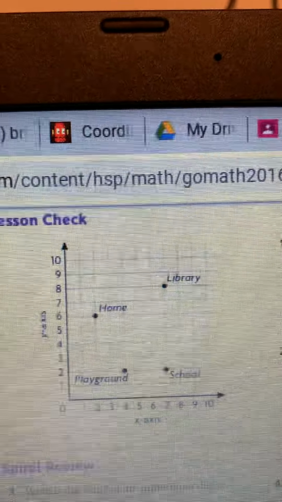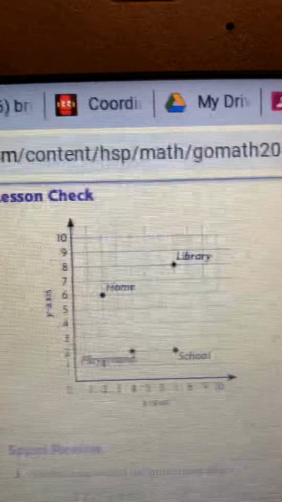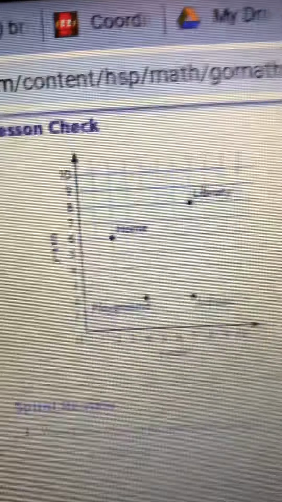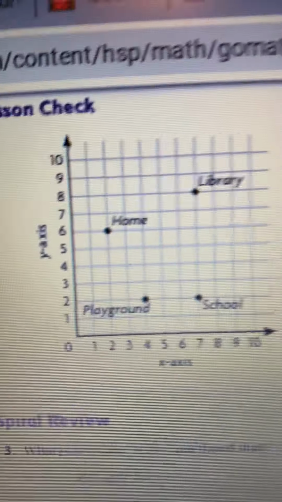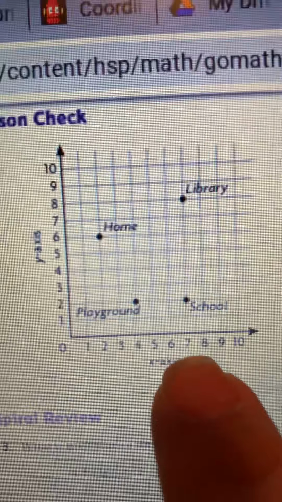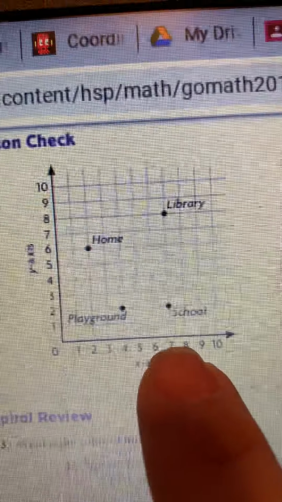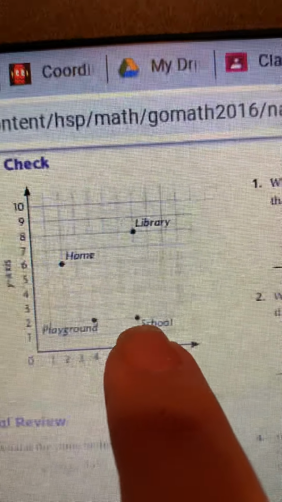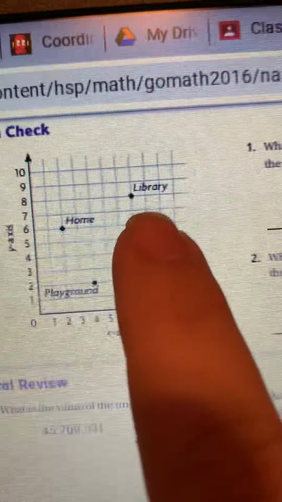If you want to know what the distance is between the school and the library, you're going to have to find both ordered pairs. The school, if you go out to 7 and up 1, 2, is at 7, 2. The library is at 7, 8.